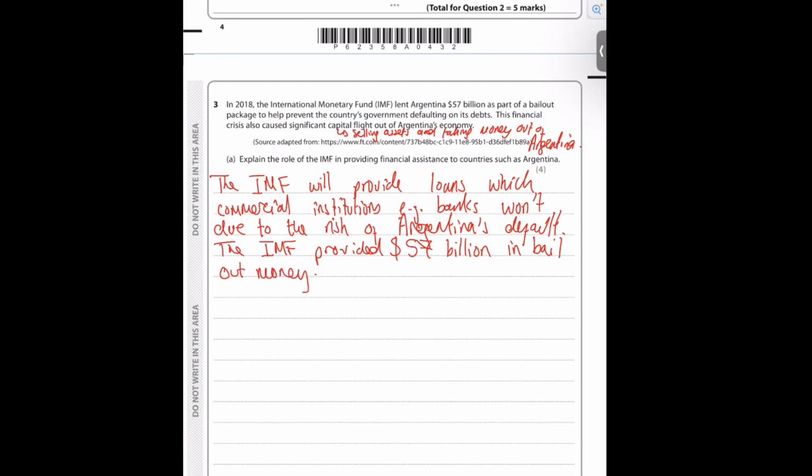Okay, and then we could say maybe in the long run, this will build confidence in the Argentinian government and allow them to borrow from the private sector again, maybe.